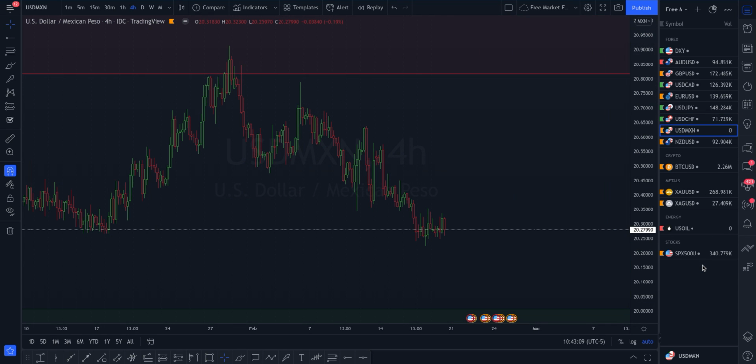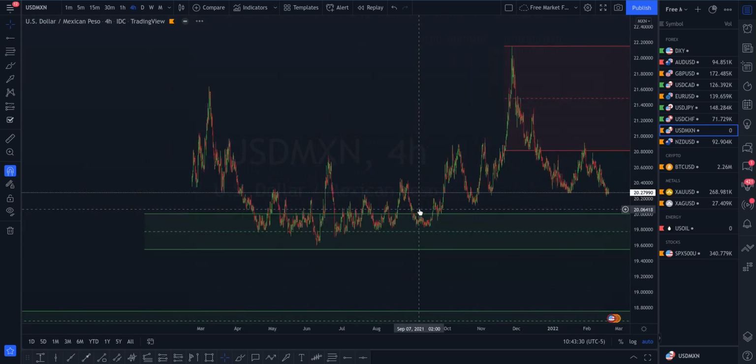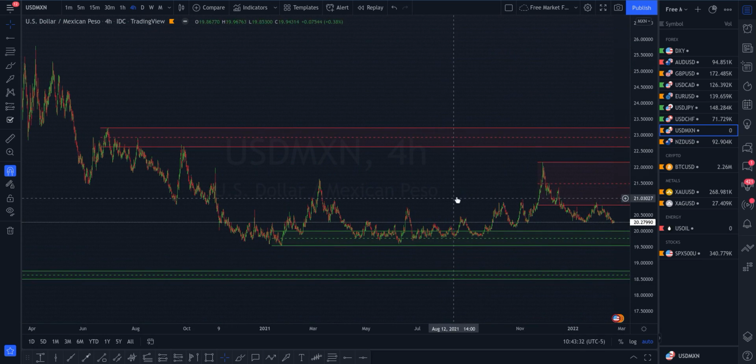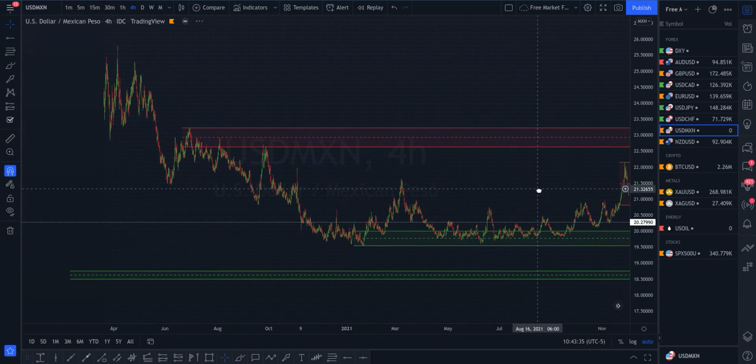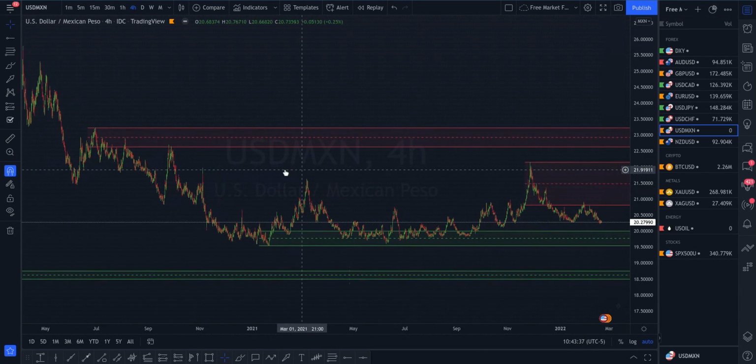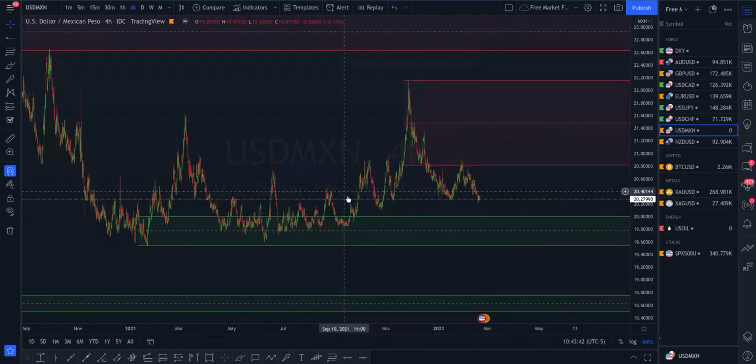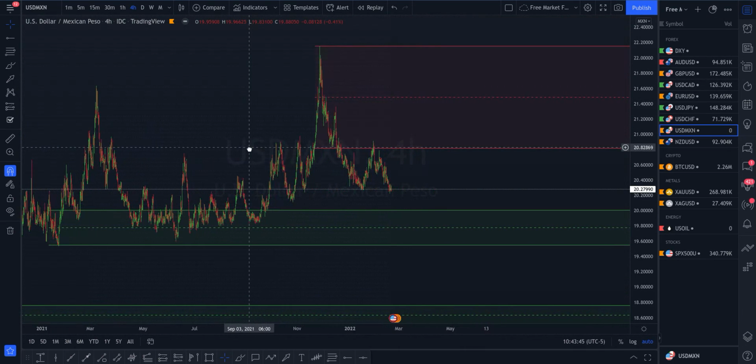Let's take a look at the USD peso, or the US dollar versus the Mexican peso. Give me 1 second, guys. All right. So consolidation is the institutional bias. We take a look at that most recent leg. It has been in a downtrend, but we can see where it's been going sideways and then pushing up here.